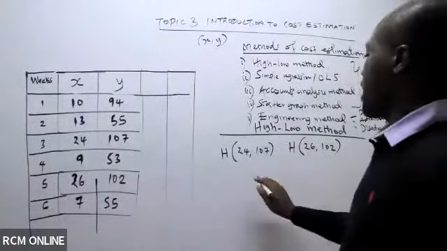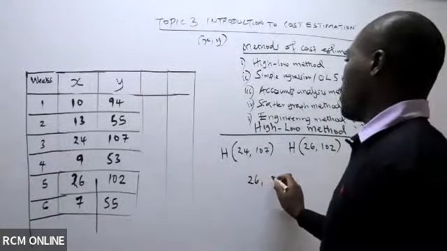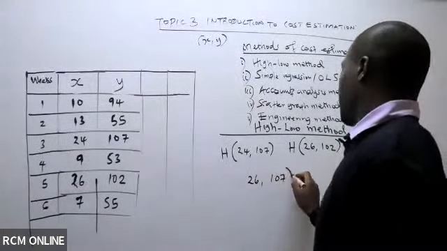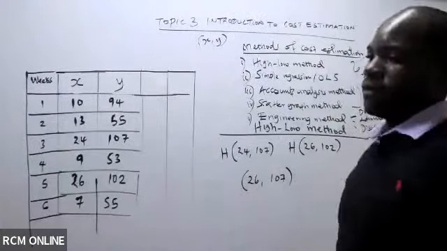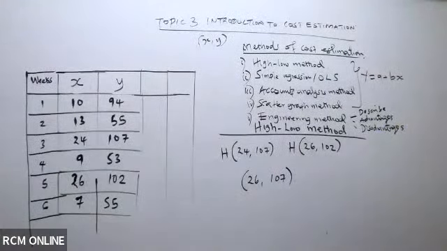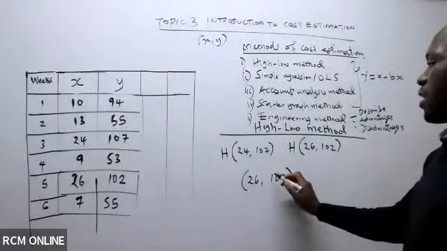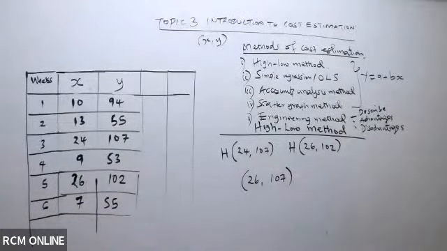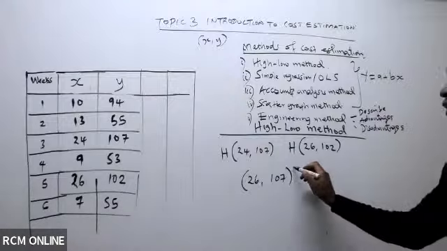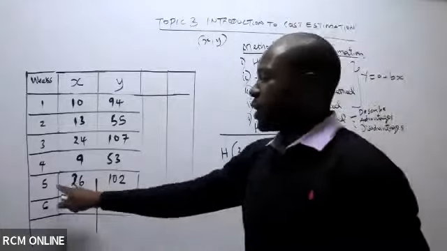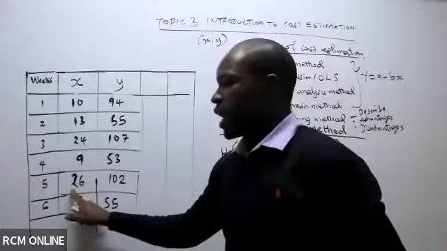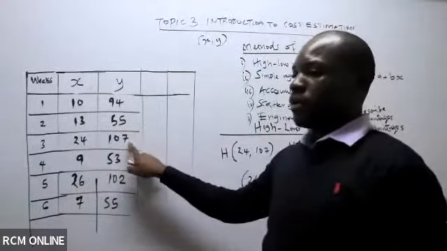But someone who comes here and tells us 26, 107, this one here, we should not forgive him or her, right? Because we agreed we cannot take what happened in week 5 and compare it with what happened in week 3.